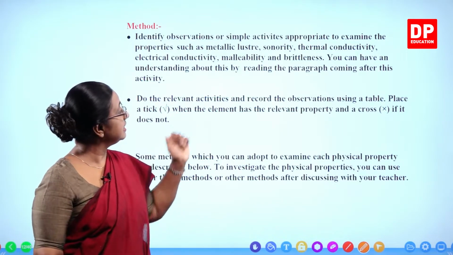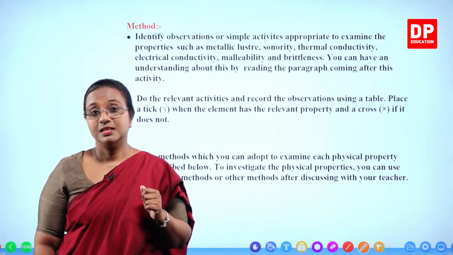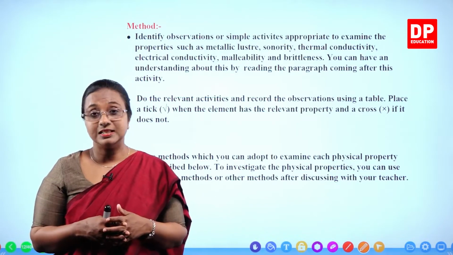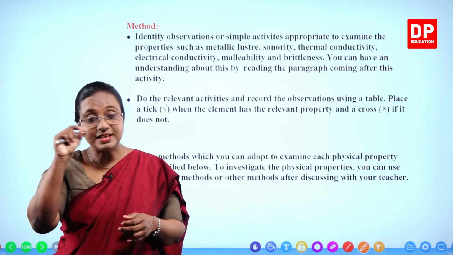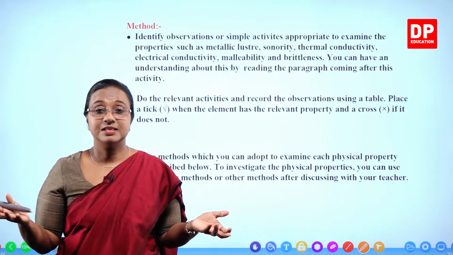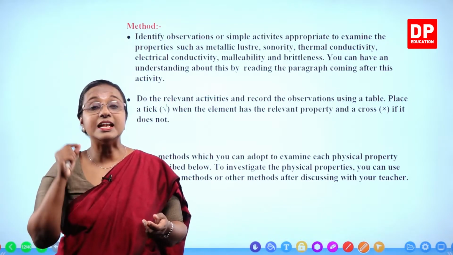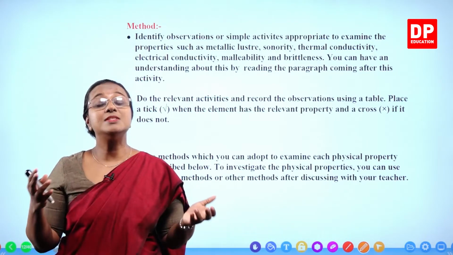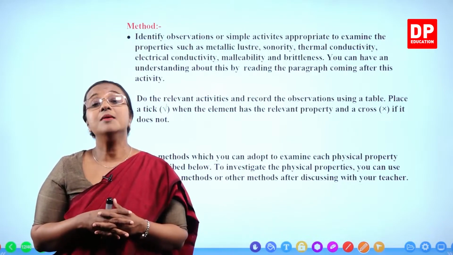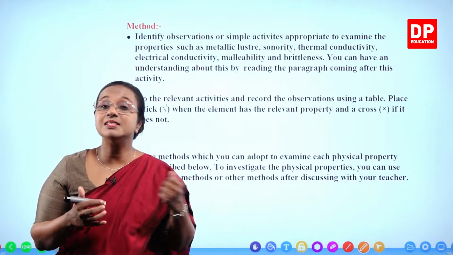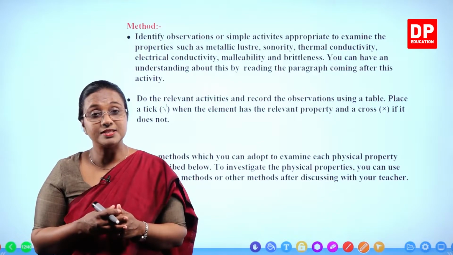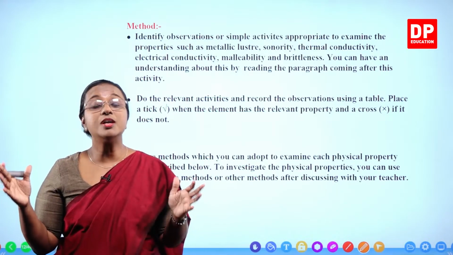Then there is brittleness. If you drop a pencil, the lead of the pencil breaks. We can say that it is made up of graphite, which is brittle. Quickly it can break into pieces. Glass is brittle. Whereas iron is not brittle.